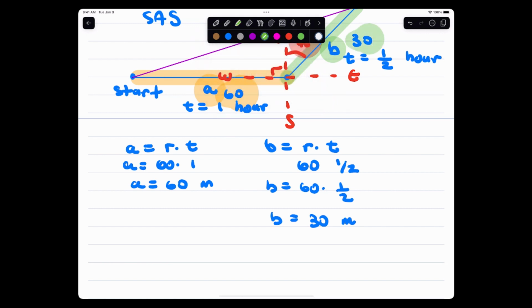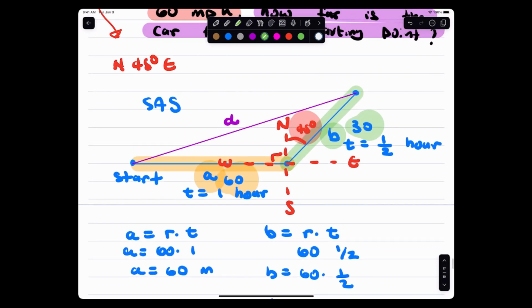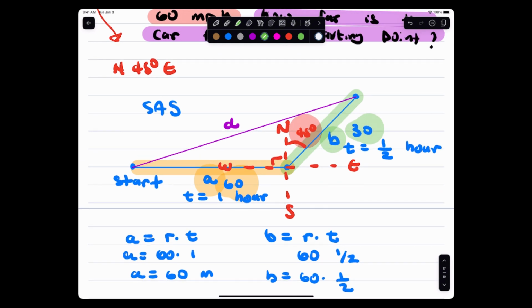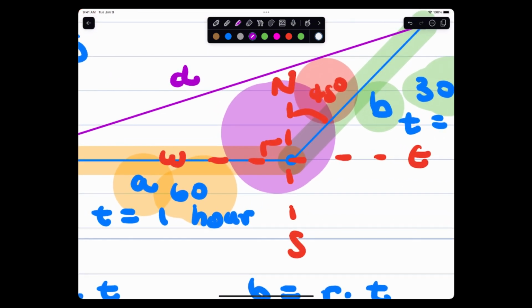But does anybody want to tell me? Here's the thing, though. What's the angle between them? I need an angle between them if this is side angle side, don't you think? It's not 45 degrees. What's it going to be? It's 135 degrees.